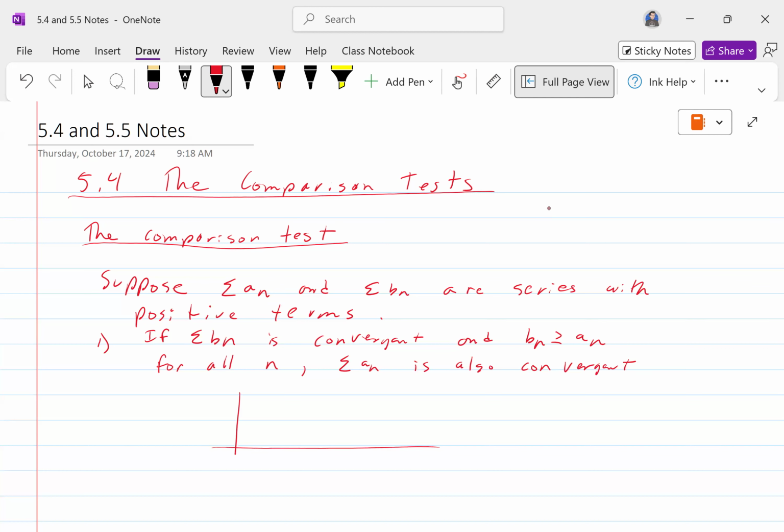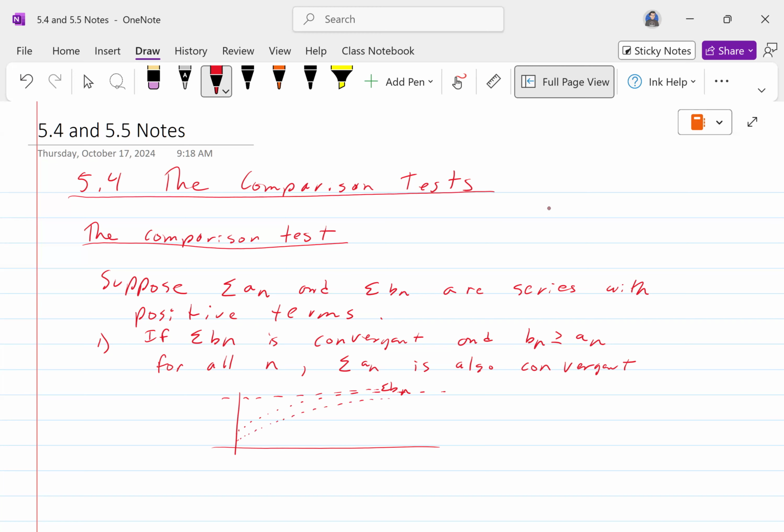Okay, a diagram showing that would be, if I have my A sub n, my series B sub n converging to something, so say that B sub n converges, and these terms are always smaller, I'm adding smaller values each time, with A sub n, then A sub n must also converge.